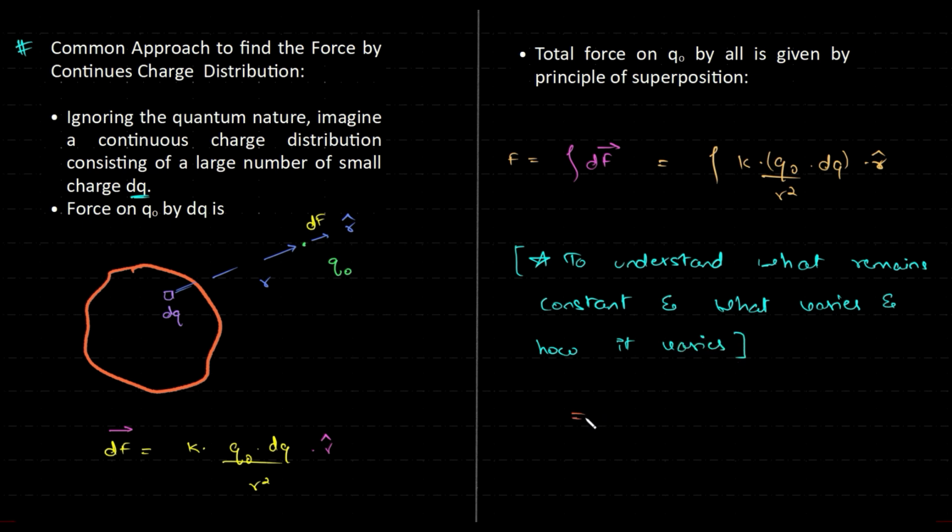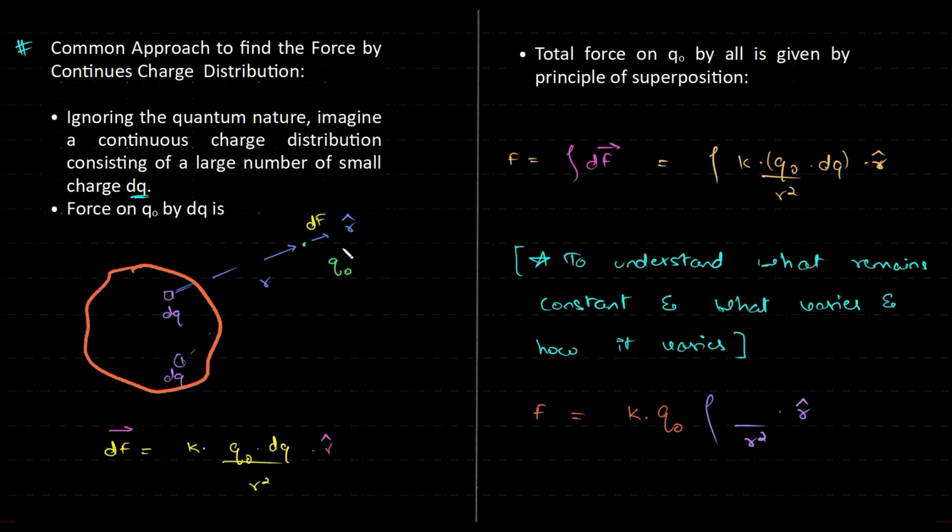So yeah, you guys can take a second and think what might remain constant and what will vary. You guys decided? K by default is a constant. Q naught is a constant. R square is also constant, right? No, R square is not a constant. Right over here, if this is the dq, this will be different, right? The distance will be different. So R square is over here.